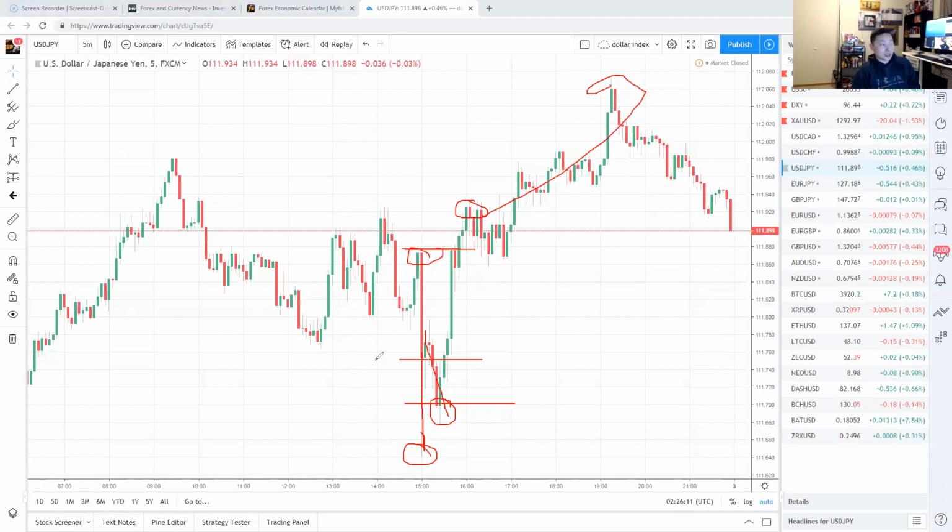So you can see, if you were to buy USD JPY from Sunday and you held it all the way till Friday, you're in the green. But I'm not. That's just my base weekly analysis for weekly swinging.